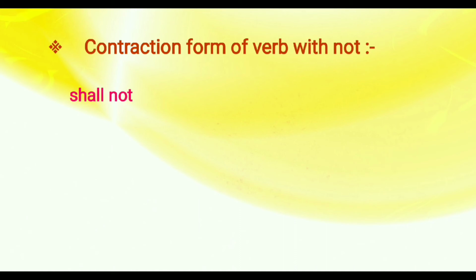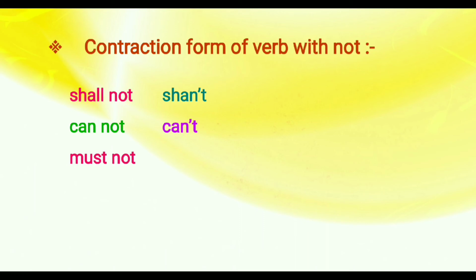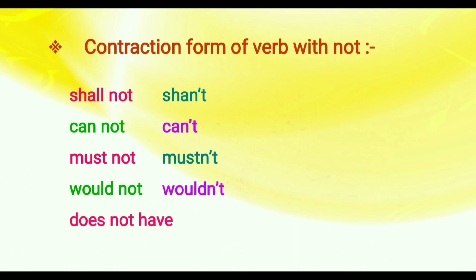Let's see the other verbs with "not." "Shall not." Do you remember the contraction of "shall not"? Yes, "shan't," "cannot," "can't," "must not," "mustn't," "would not," "wouldn't." If you use "do not" or "does not" with "have," what will the contraction be?